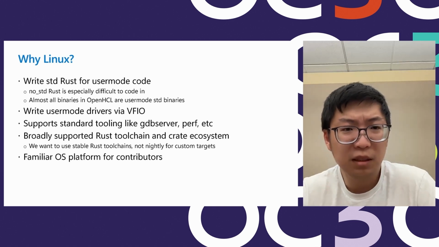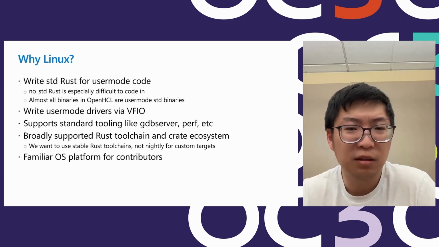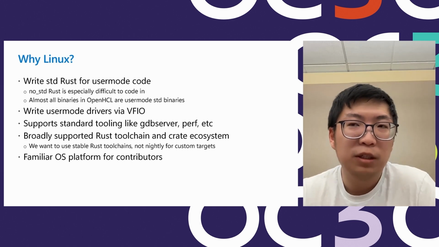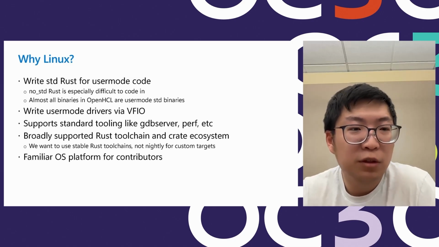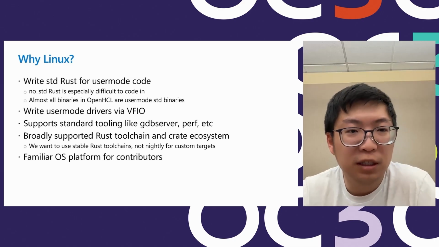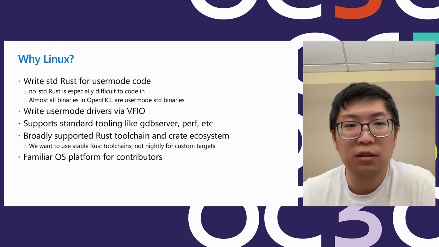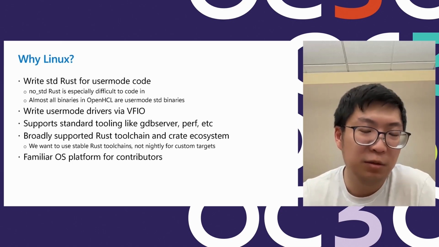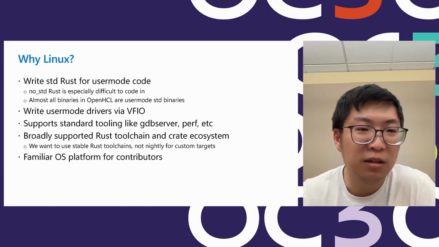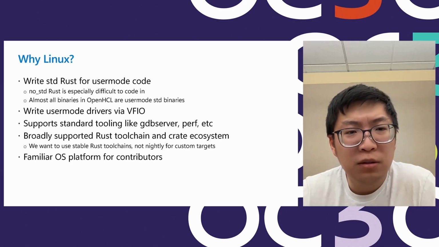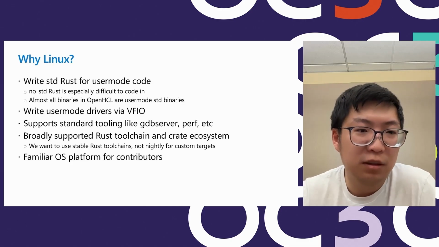Additionally, Linux gives us a pretty familiar OS platform for people, right? People know what Linux is. There's all kinds of tooling that's supported, like GDB server for debugging, perf for performance tracing. You can get a shell, etc. And also, it's broadly supported in the Rust ecosystem, right?